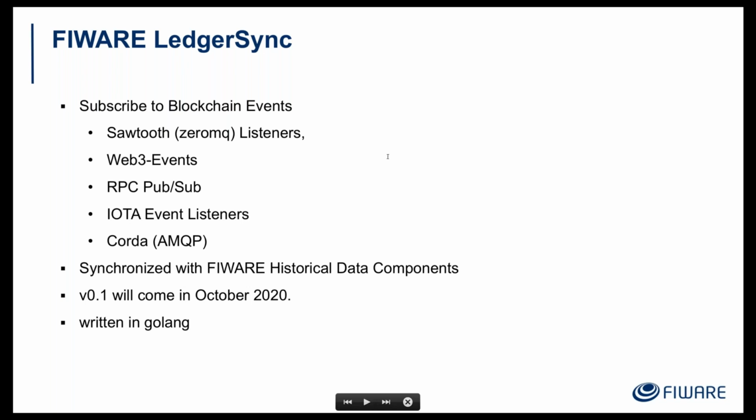From there you can filter which events to persist into a historical data component, and you can connect some UI like Grafana to visualize or make more decisions. We are planning to release this in October. It will also be a very basic version for now, and we are writing it in Golang to achieve more concurrency.